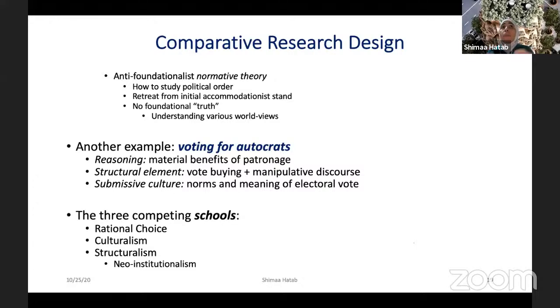But if you believe that there is an objective reality regardless of the context or time period, so you believe in an essential foundation or essential differences between men and women, you are a foundationalist, so you have a totally different epistemological position as well.